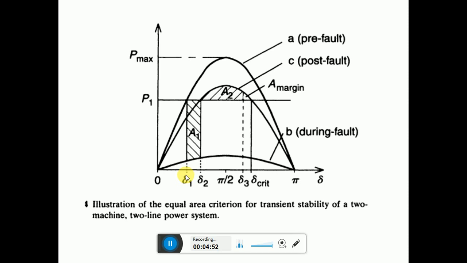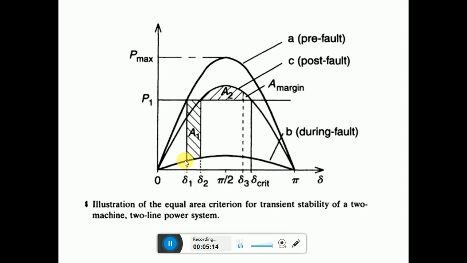Now what happens when a fault occurs? During that condition, the power reduces. That's why the curve is shown by curve B. This is during fault. So if you can see, our working curve is this one during fault condition.